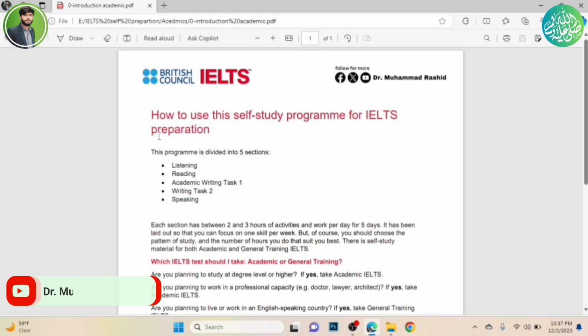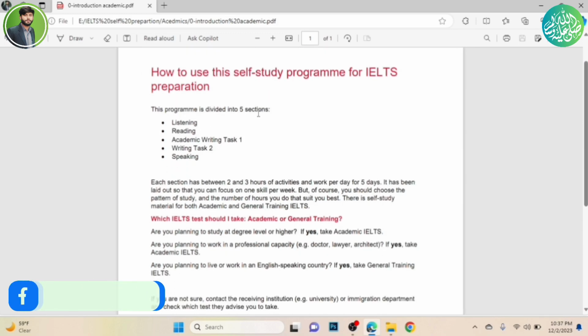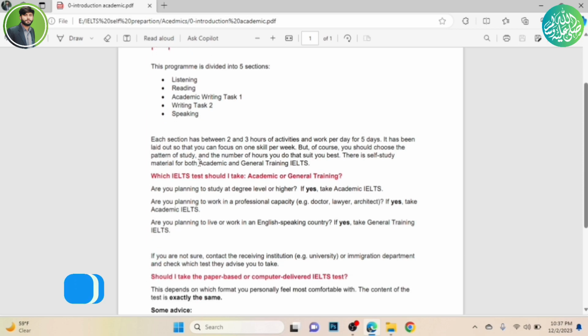This is the guideline on how to use this self-study program for IELTS preparation. Here you can see the different 5 parts of the IELTS test, and the course is divided into 5 different weeks.